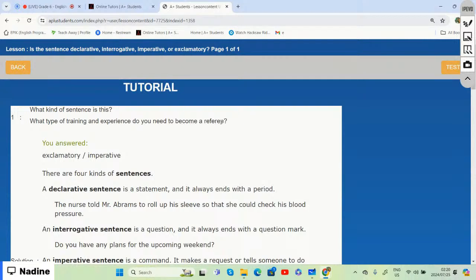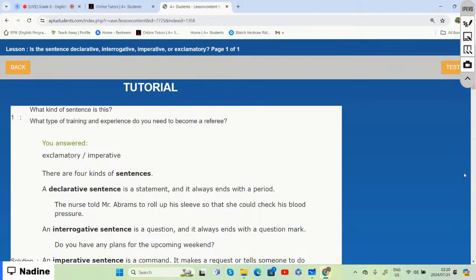We need to say what kind of sentence it is.